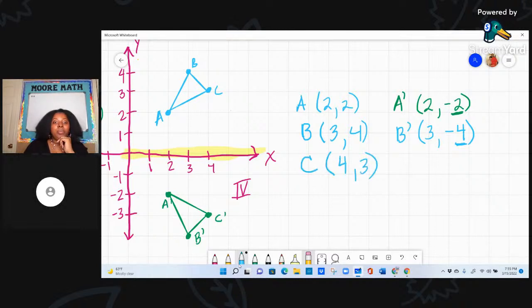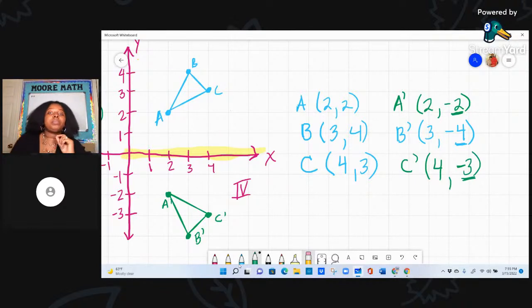Yep. So when we change to that new C, it became 4, -3, right? The Y became negative. So when we reflect over the x-axis, your Y becomes negative.